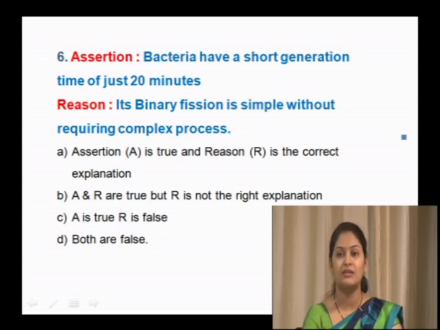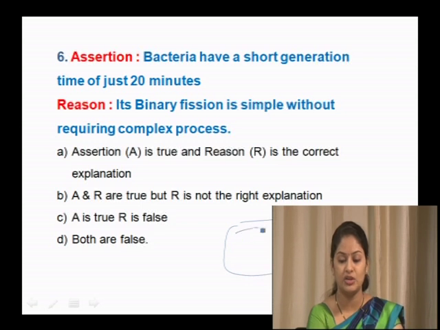That is because bacteria have a small DNA structure in the form of a nucleoid. It's not a very big structure. Therefore, DNA replication is completed easily. Once the DNA is duplicated, the mesosome helps in the separation of the cell.